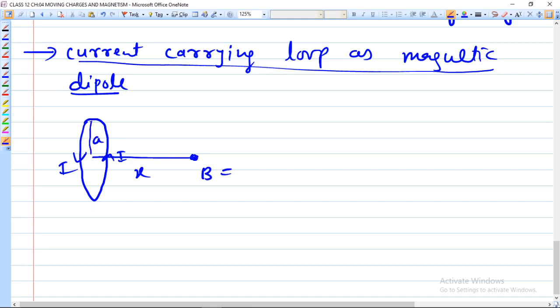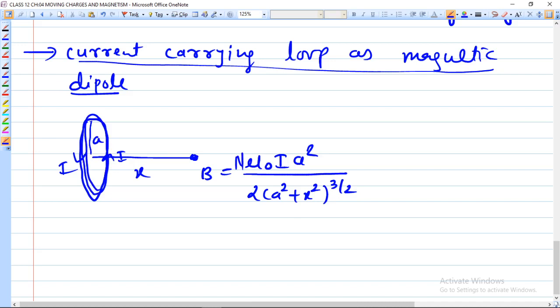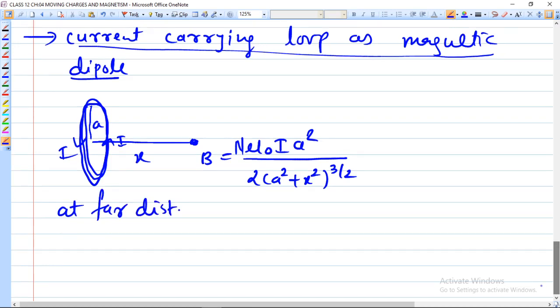What is the magnetic field here? That is mu 0 I a square upon 2 times (a square plus x square) raised to 3 by 2. If N turns are there, you can multiply by N. At a far distance, see carefully, B is equal to mu 0 N I a square divided by 2 x cube.